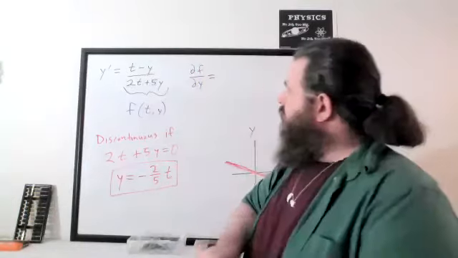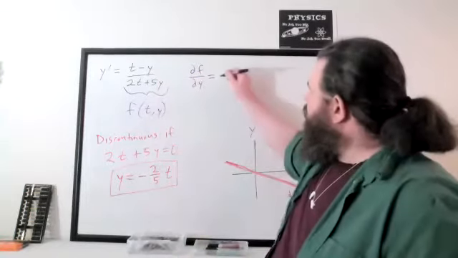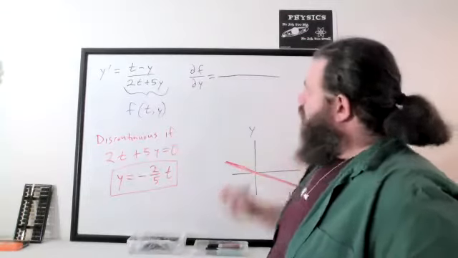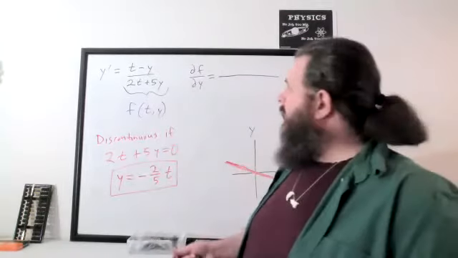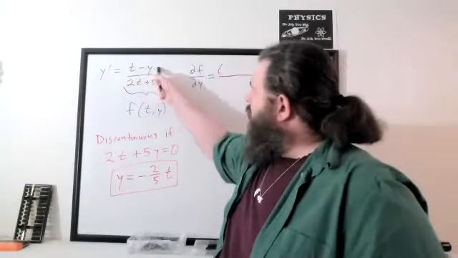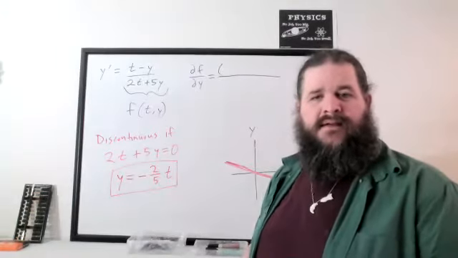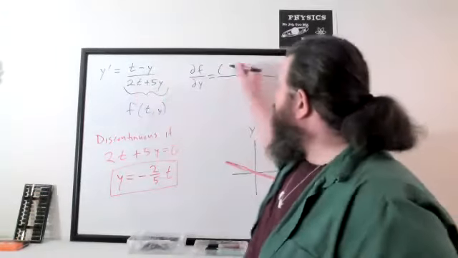And for that, since this is defined as a ratio, we're going to use the quotient rule. At least that's one way to do it. So quotient rule, we take the derivative of the top. And what's the derivative of the numerator here, if we're looking at the derivative with respect to y? Yeah, just -1, because we're treating t as a constant.